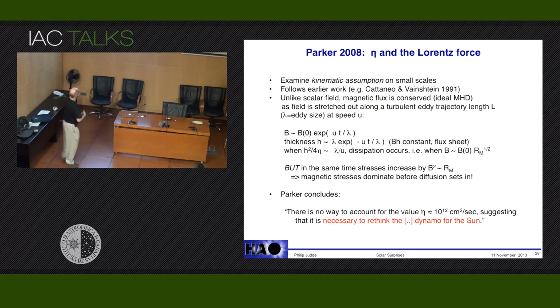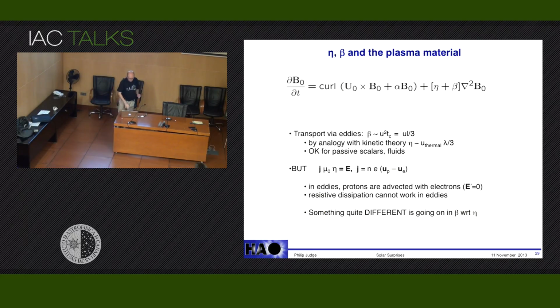But what he's arguing, forcefully, is that actually this is a general problem sufficient that at very high Reynolds number, we've got a factor of Rm to the half at which the Lorentz forces start switching off the diffusion before it can start. Okay? And he's arguing it's necessary to rethink the entire dynamo for the sun.